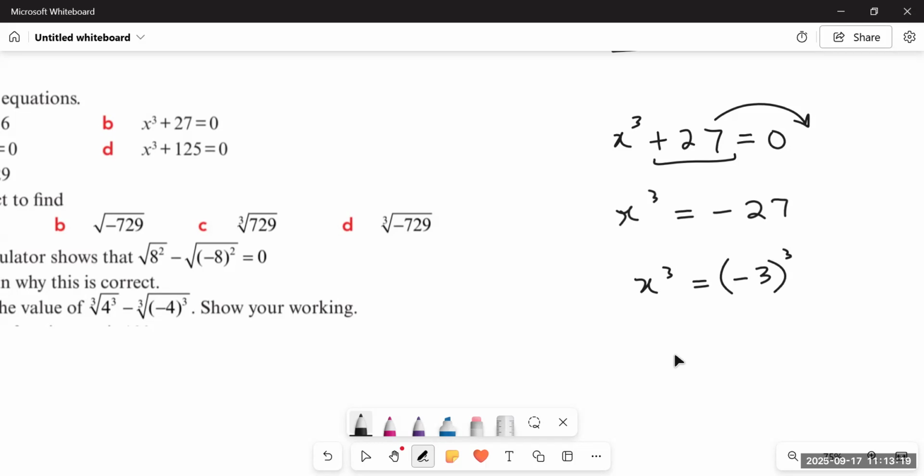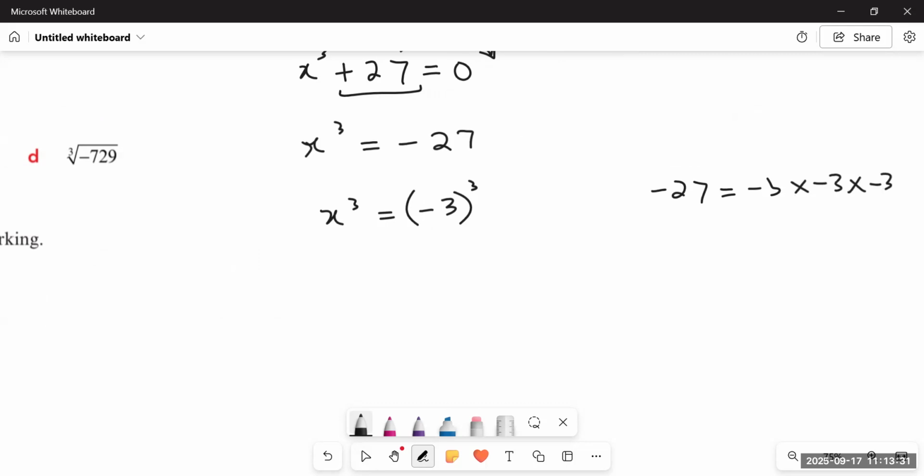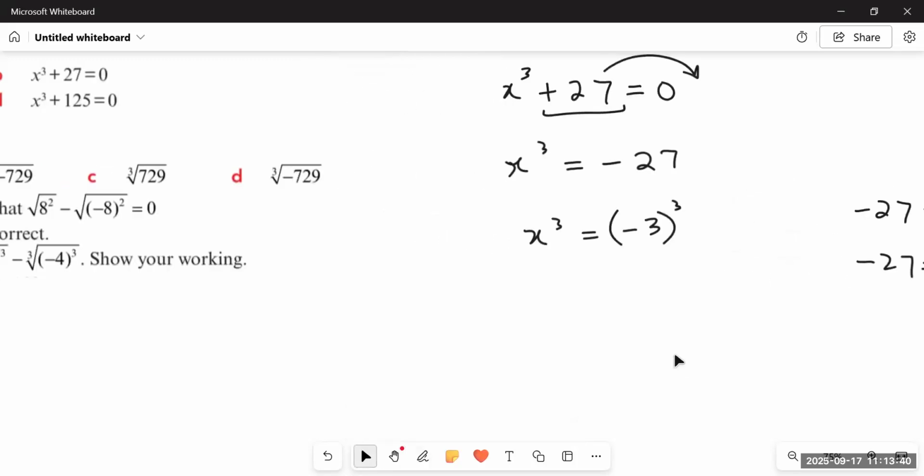So the cube root of a negative number is also negative. Minus 27 is equal to minus 3 multiplied by minus 3 multiplied by minus 3. We discussed it earlier. And since there are three minus 3's, I can write it as minus 3 to the whole cube, right? So I am substituting minus 27 as minus 3 to the whole cube.